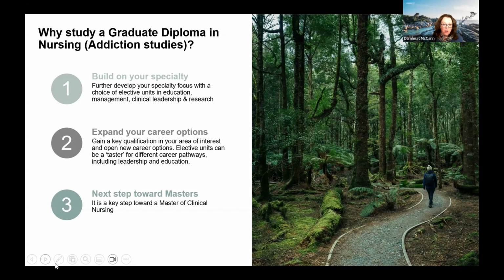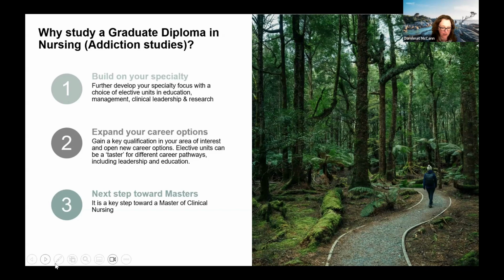So you can use it as a way to have a taster. If you are thinking that you might want to move into more of an education role in your practice setting, then you might want to do a unit or 2 that has an education focus to start developing those skills and knowledge, and also to get a feel for it. Is this me? Is this what I want to be doing?